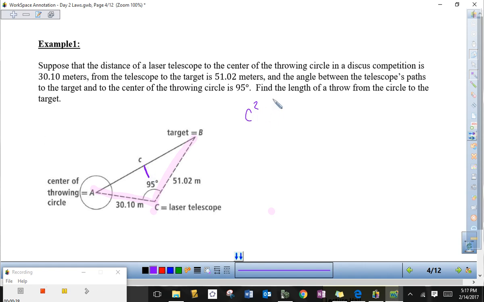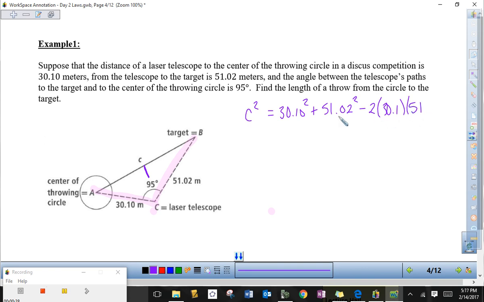So we've got c squared, then our other two sides squared in whatever order you want: 30.10 squared plus 51.02 squared, and then minus 2 times a times b. It's just going to be your other two sides.